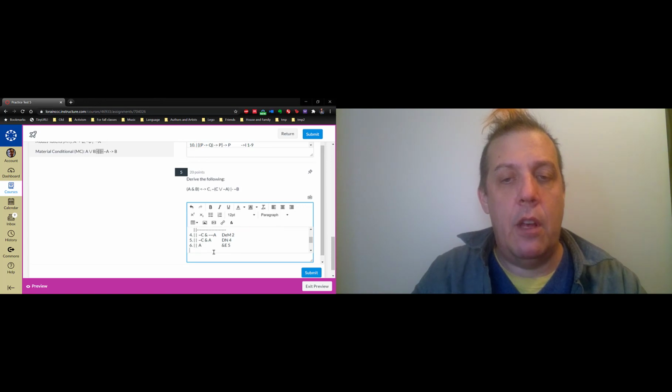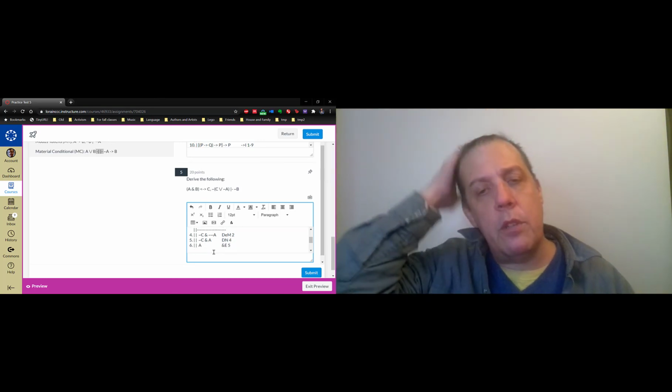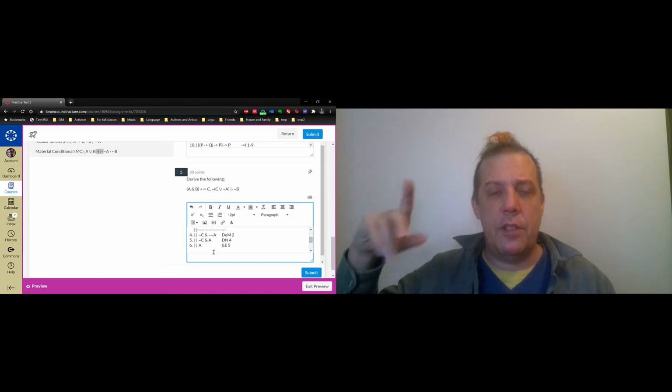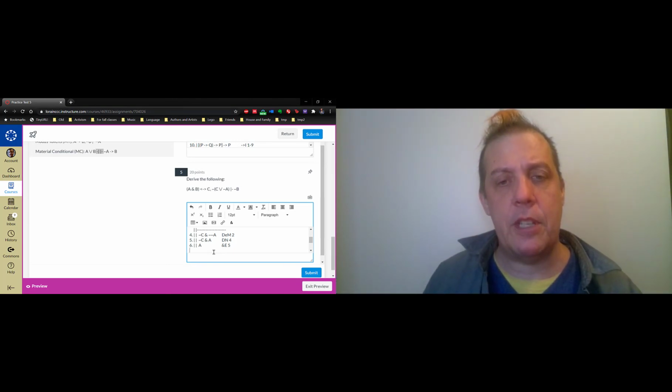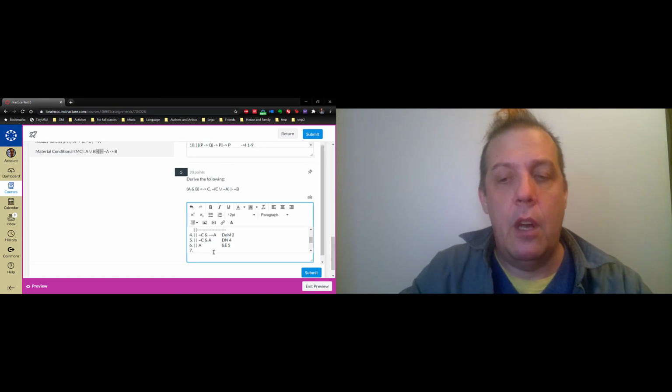And then we can put that together with line 3 to get a B. And note here that we don't need to use a rule of repetition. This is a situation where sometimes people think you might need to use repetition, but you don't, because the B is already in a location where you're allowed to use it. It's not in a subproof that's been closed off. So this is and introduction, lines 3 and 6.